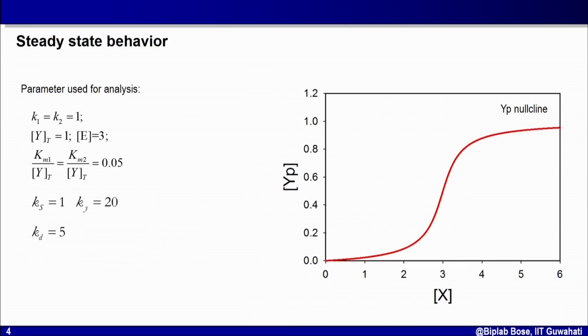So now I have two nullclines, and I will plot these nullclines on the phase plane of x versus yp and try to find out where they intersect, because the point of intersection will be my steady state. Let us do that. What I have plotted first is the yp nullcline. If you remember, just now I said from the yp nullcline equation, x versus yp will have a sigmoidal behavior. So I have a sigmoid behavior here.